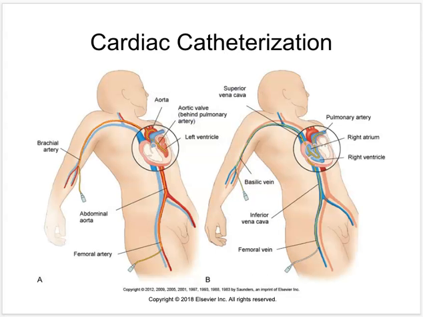Here we're looking at that process of cardiac catheterization. Picture A is showing you left-sided catheterization, and picture B is showing you right-sided catheterization. To do this process, they would use endoscopic equipment. Endoscopic would be an instrument used to view the inside of something.